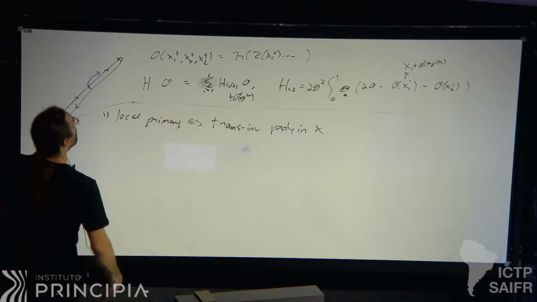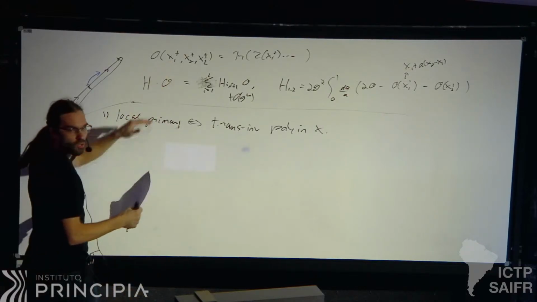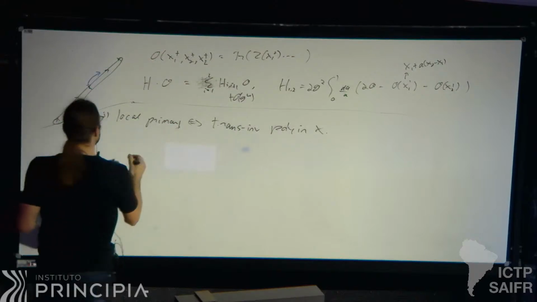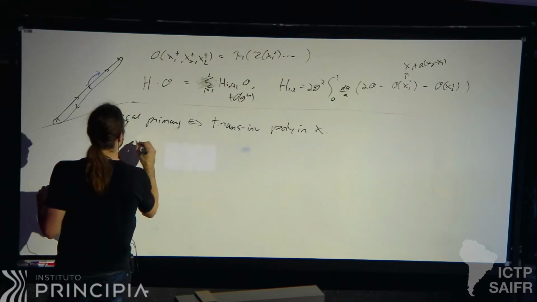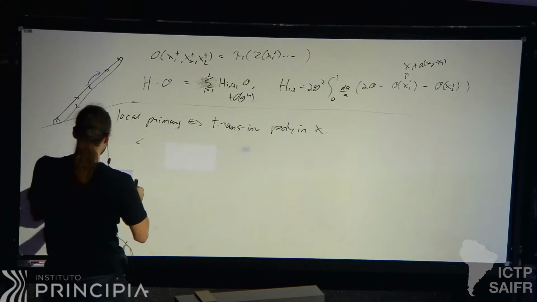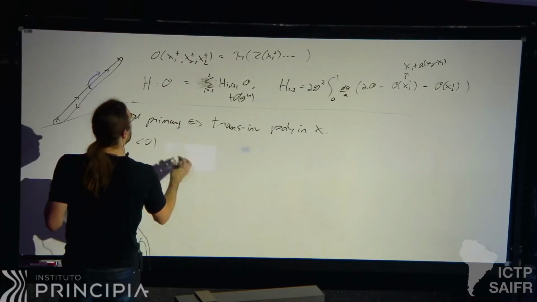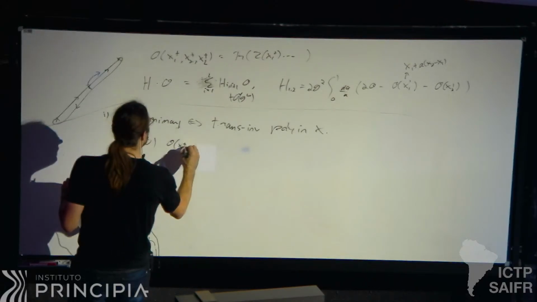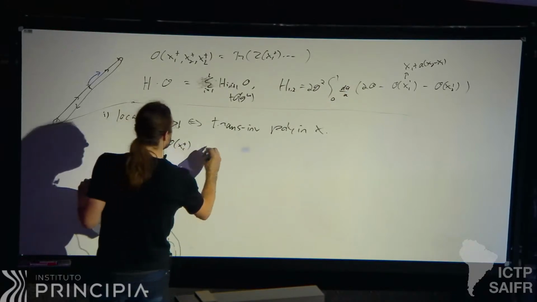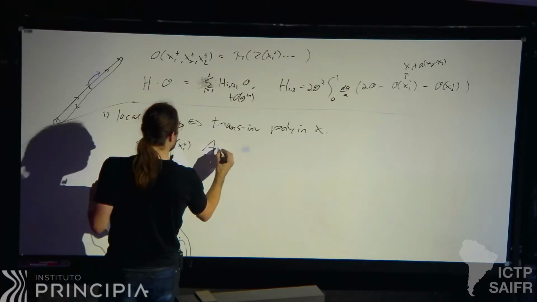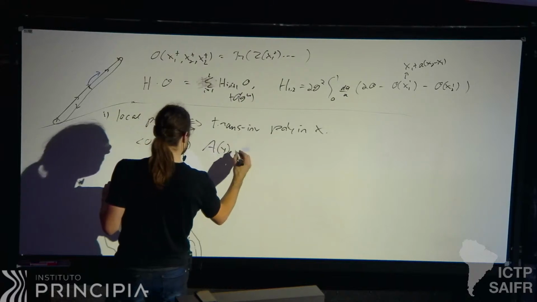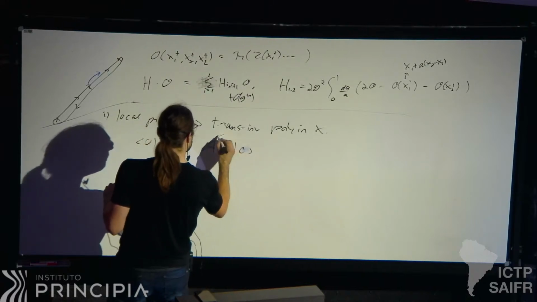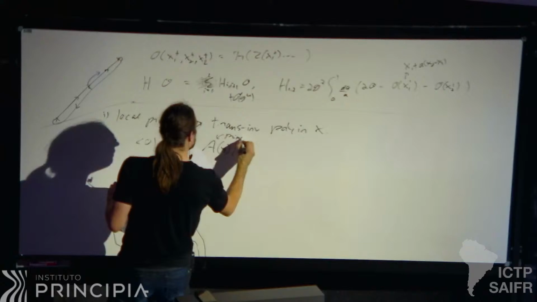So we're going to think about the matrix element of O in some state. And in general, we could consider a matrix element of O at this x plus in times some local primary inserted at some point y. Okay?